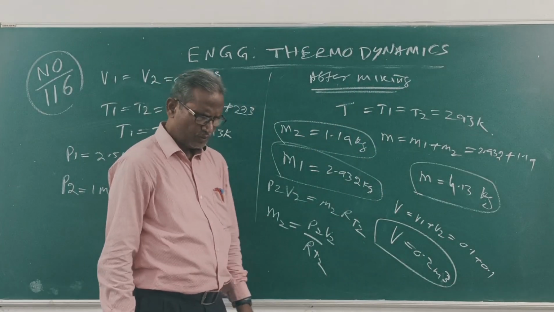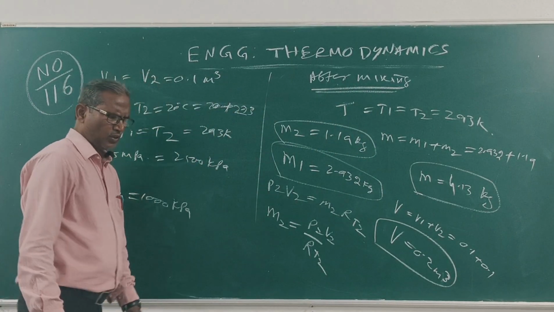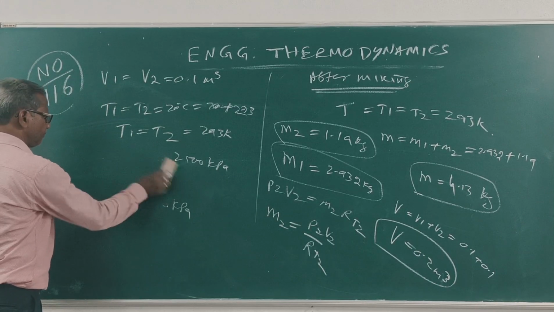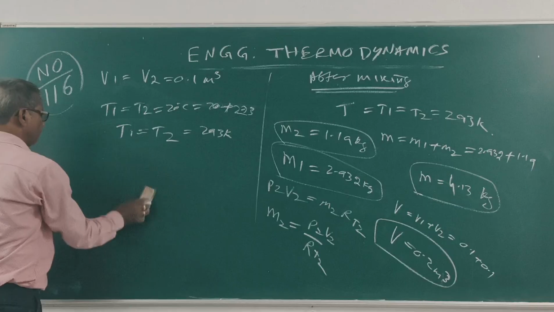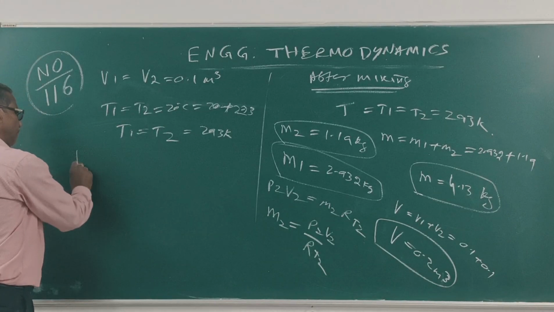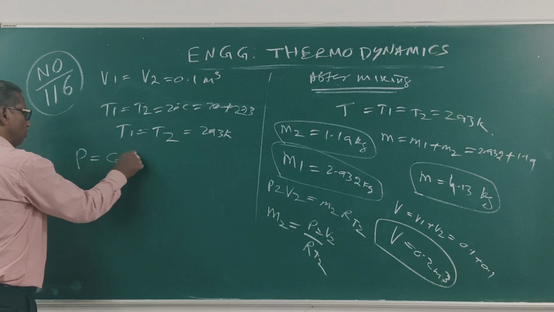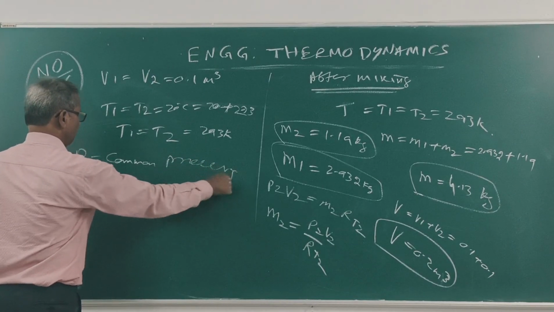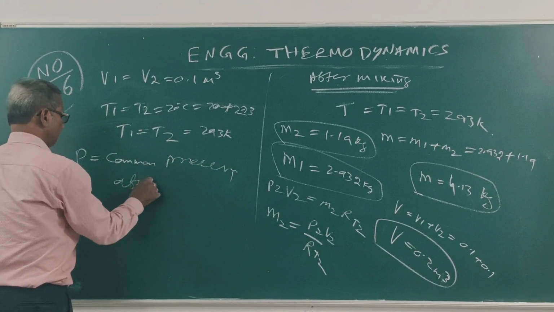Now come to the equation of state, or characteristic gas equation. P is the common pressure after mixing.